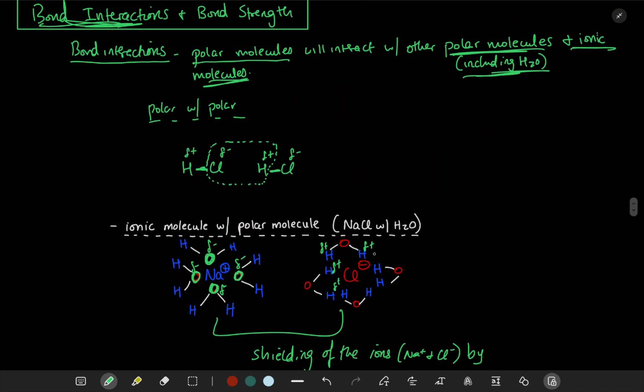Sodium chloride in biological systems is going to be like this. The sodium and the chloride ion are going to be separated because they dissociate in the presence of water, and water will be shielding them from each other, right? So because these ions are separated from one another and as a result further apart and shielded by the water molecules, the attraction between those ions is much weaker than when in the solid form, right?